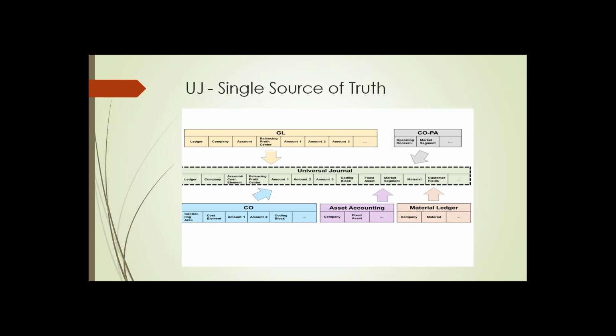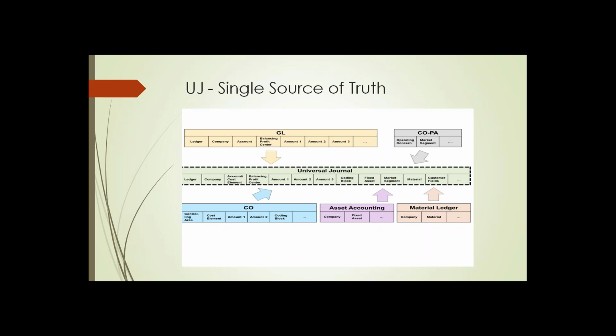For example, if you are doing any CO transaction, which is a secondary transaction, you have some transactions flowing from FI and some which you post directly into CO. Whatever transactions are coming from FI will be updated in ACDOCA, and whatever transactions you do directly in CO are also updated in ACDOCA.